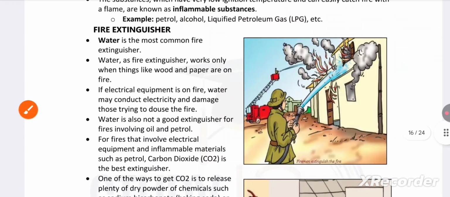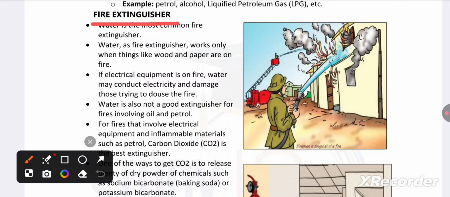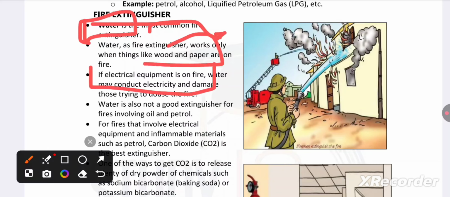Fire extinguisher, we know, is used to take control of fire in buildings, etc. Mostly water is used as a fire extinguisher, for things like wood or paper, but in an electrical circuit we cannot use water because it can damage it further.